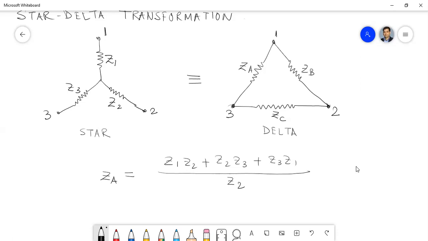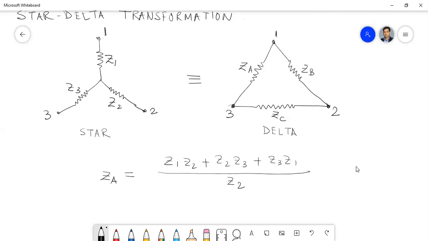Okay, suppose the nodes are 1, 2, and 3, and delta also has the same set of nodes 1, 2, and 3. Now here I am writing the expression of ZA, which is connected between the terminal 1 and 3.